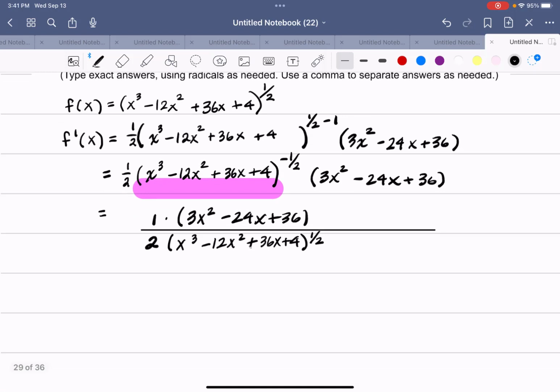Now we have to set this equal to 0, but first let's talk about when a fraction can be equal to 0. When you have a numerator over a denominator, the denominator can never be 0 because division by 0 is undefined. So that denominator is never going to be 0.